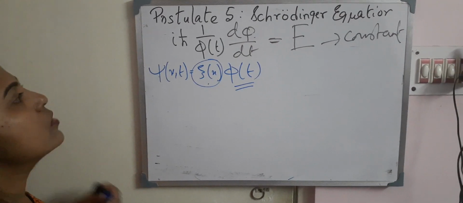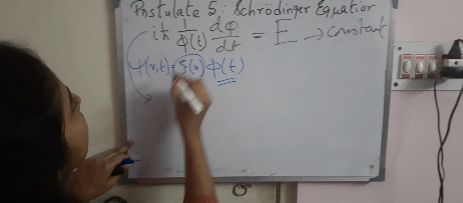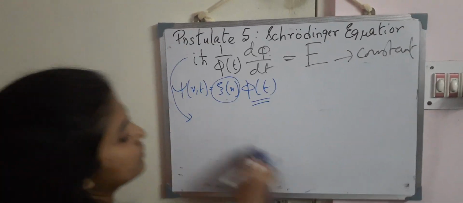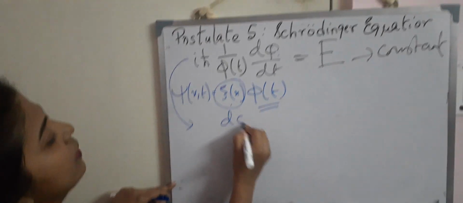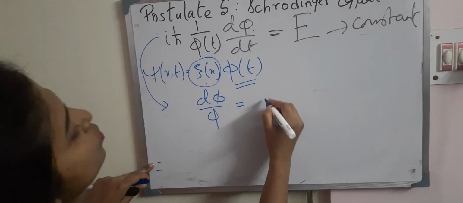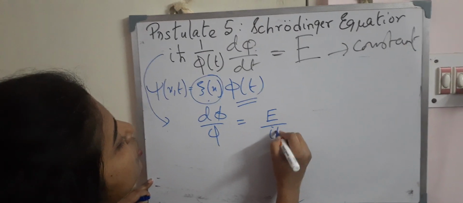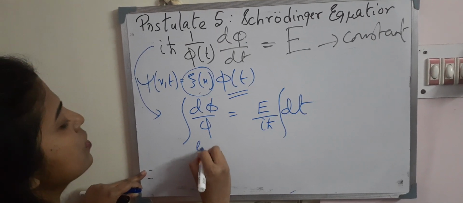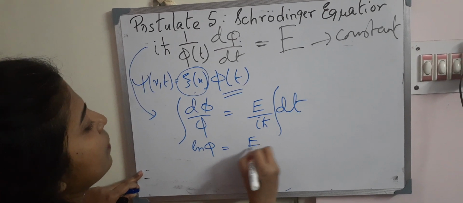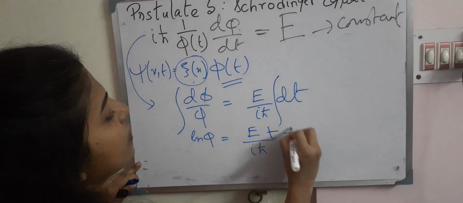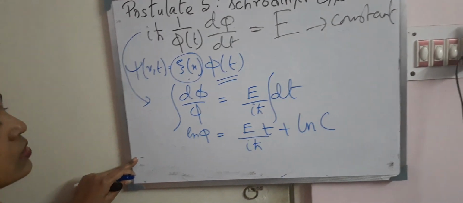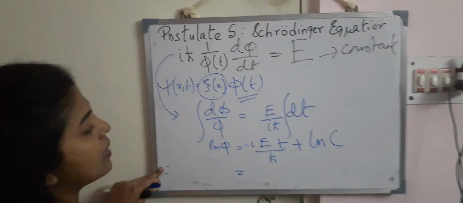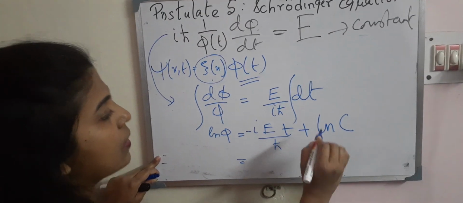It's very simple, let's work this out quickly. I can rewrite this equation as d phi by phi equal to E by i h cut dt. If I integrate this, then it is log phi equal to E by i h cut t plus some constant, say log c. If I multiply by i and divide, it will be minus iE by h cut t plus log c.